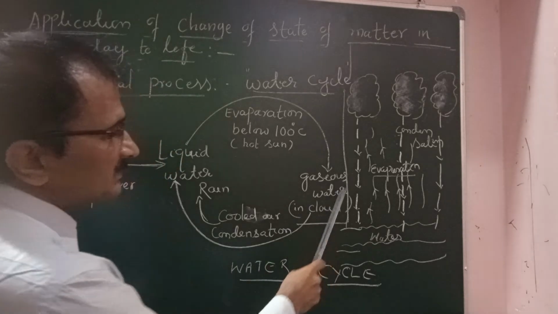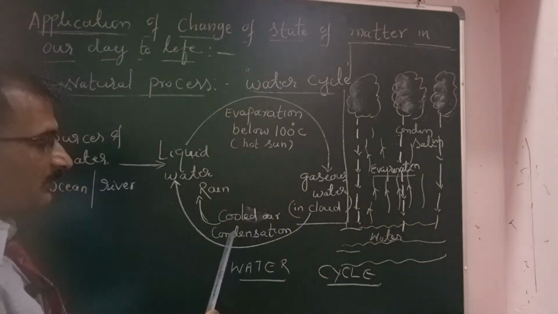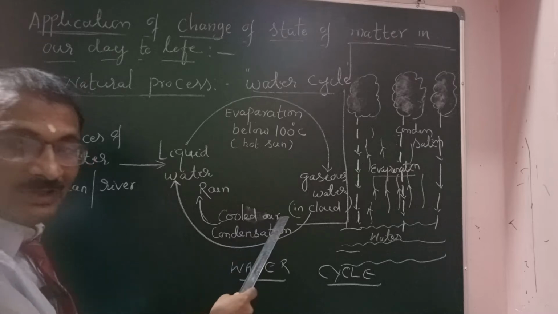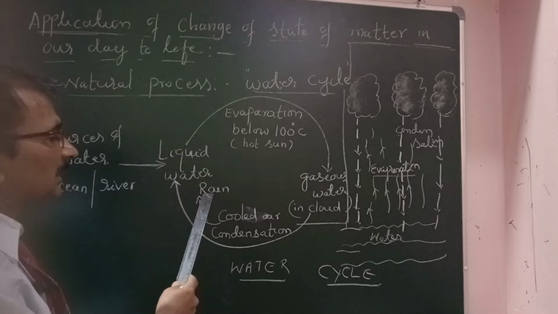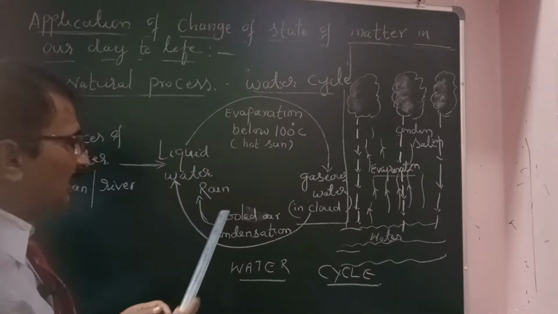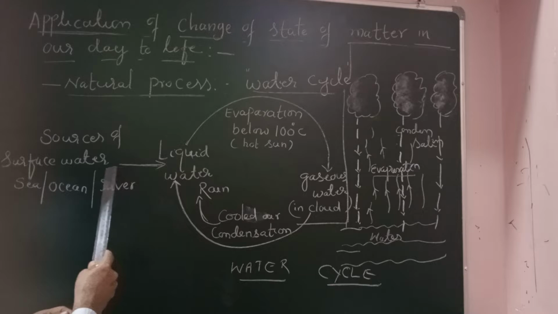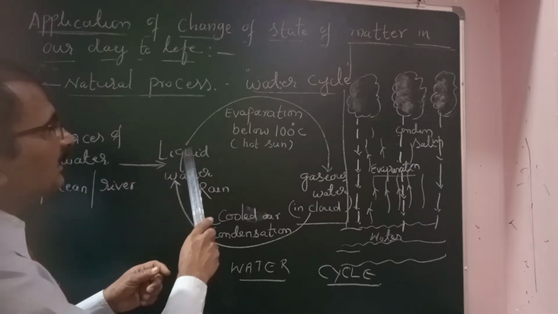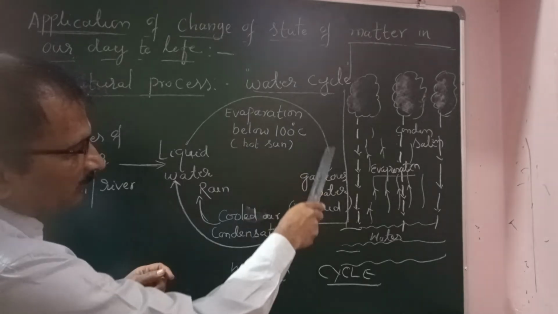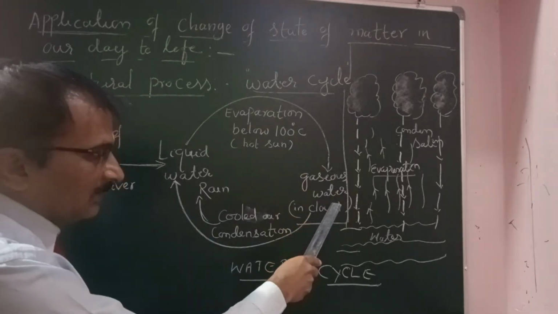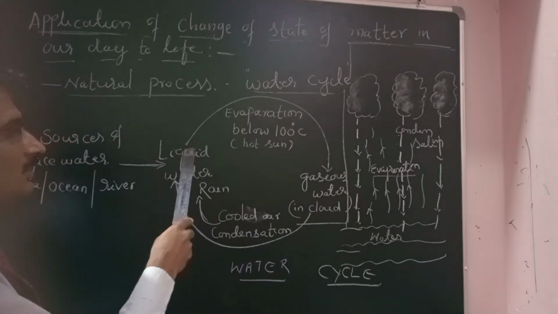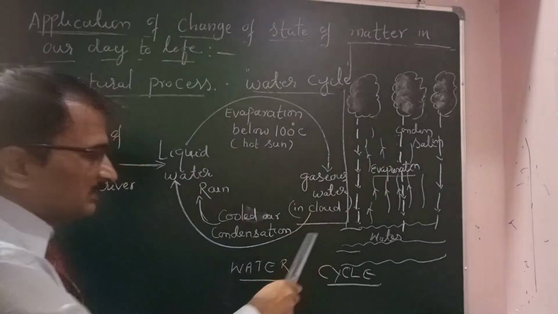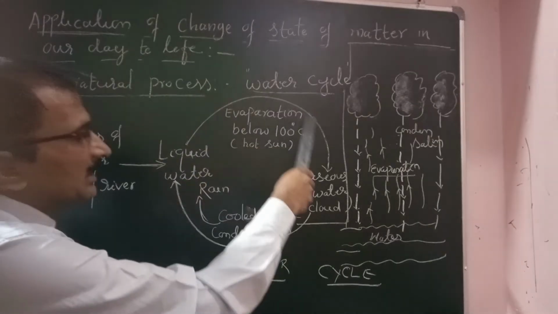This gaseous water in the cloud, after condensation by means of cooled air, changes again to liquid water as rainwater. Again it reaches the sources of surface water like sea, ocean and river. Again it evaporates to convert into gaseous water. Again the gaseous water is converted by condensation to rainwater. So this is how there is a chain, or you can say a cycle.